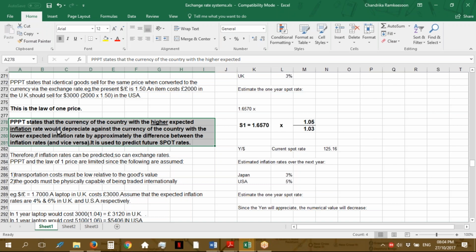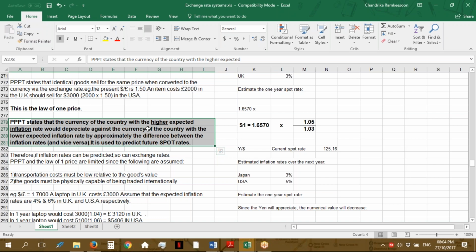So just to recap, the US inflation rate is expected to be lower. Based on what you just read here, it means that the dollar will strengthen against sterling. In other words, the sterling will weaken against the dollar by approximately 3%, which is the inflation rate differential.